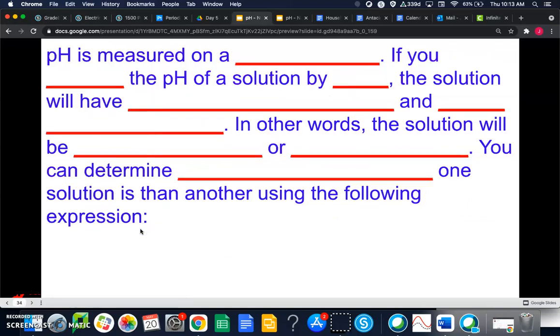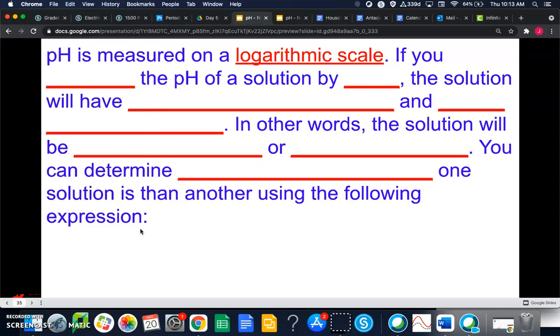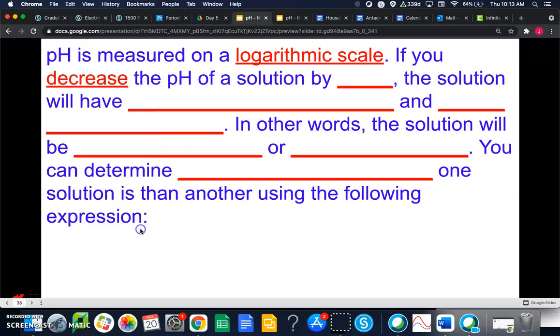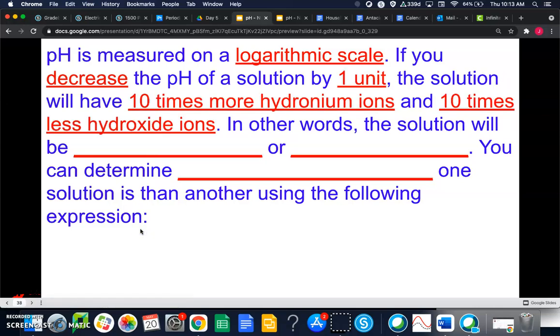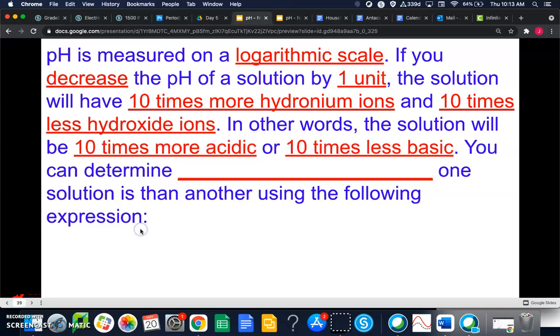All right, pH is measured on a logarithmic scale. If you decrease the pH of a solution by 1 unit, the solution will have 10 times more hydronium ions and 10 times less hydroxide ions. In other words, the solution will be 10 times more acidic or 10 times less basic.